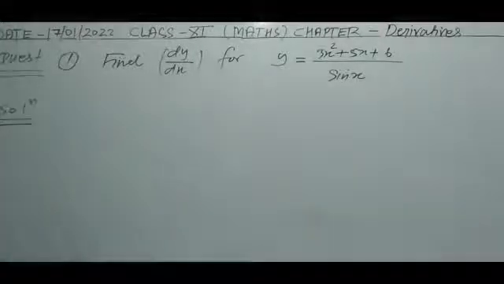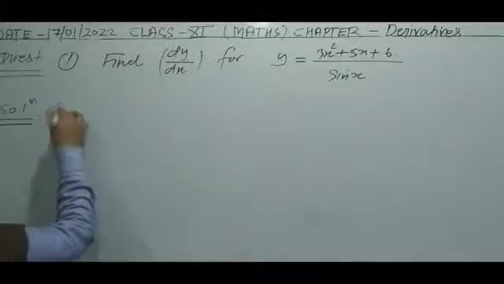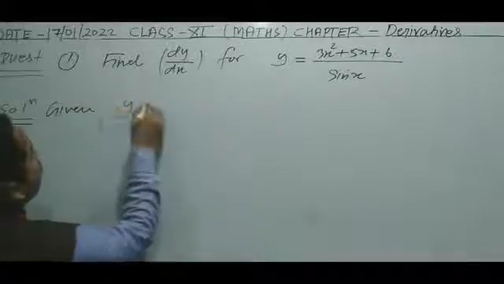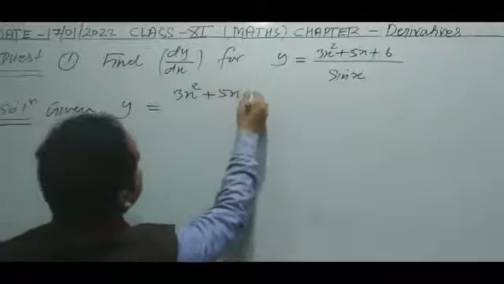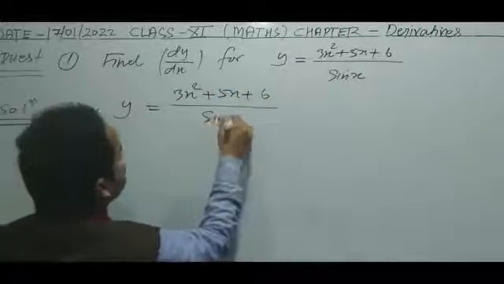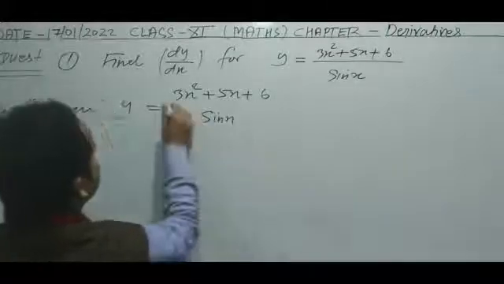Now which method I have to use in this question? So given y is equal to 3x square plus 5x plus 6 whole upon sin x. Now we have to use quotient rule. In this question we have to use quotient rule.